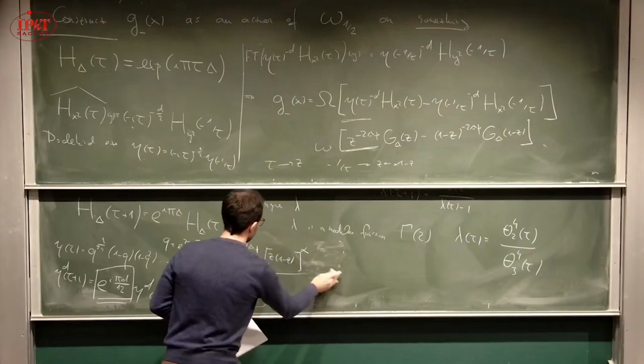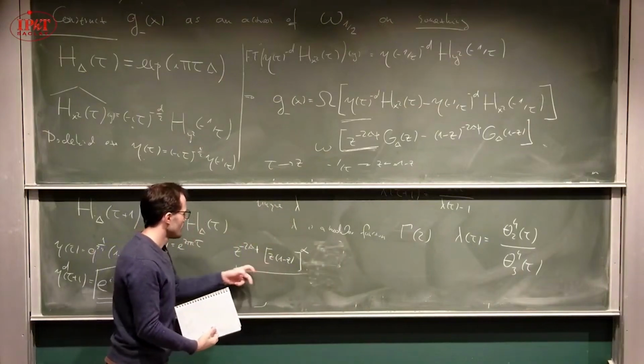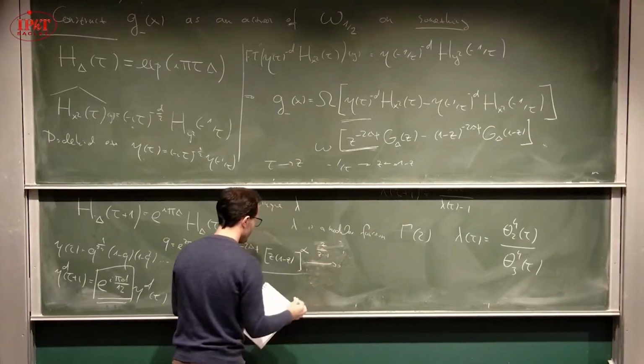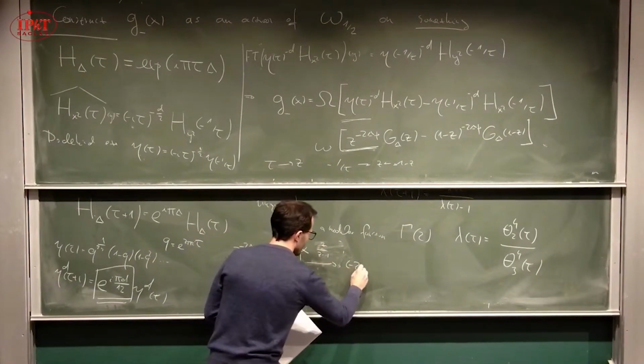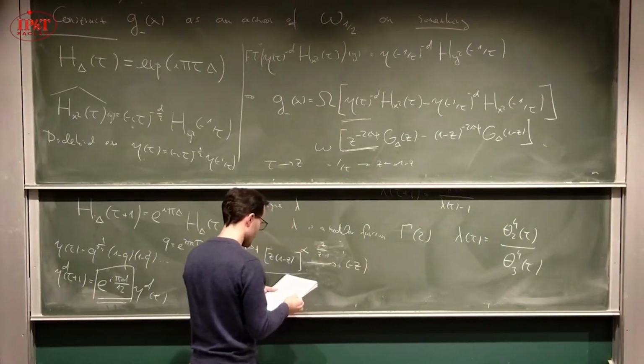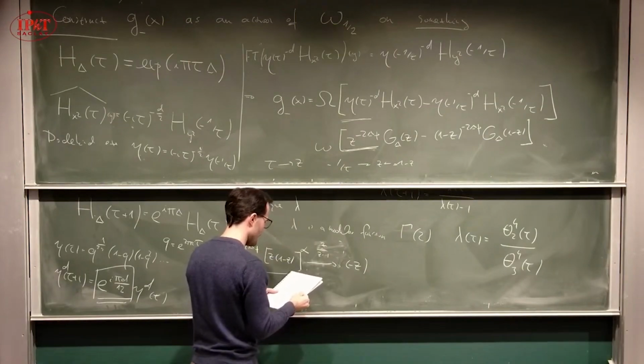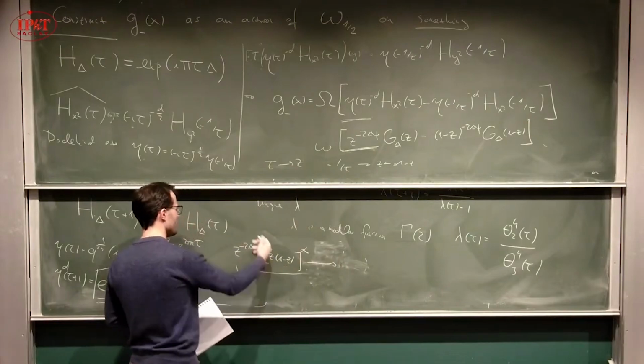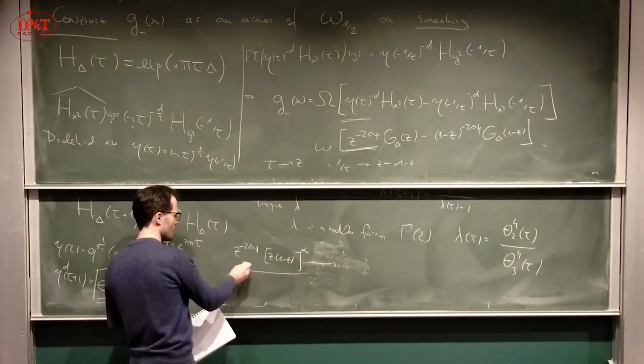So let's just, if you send z to z over z minus 1, maybe the right way to say it is that let's take z negative above the branch cut.